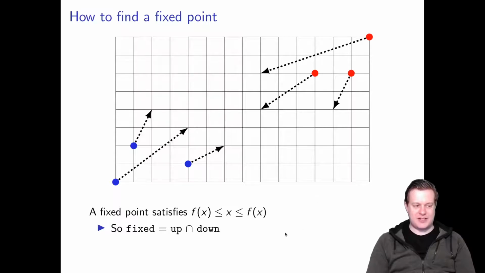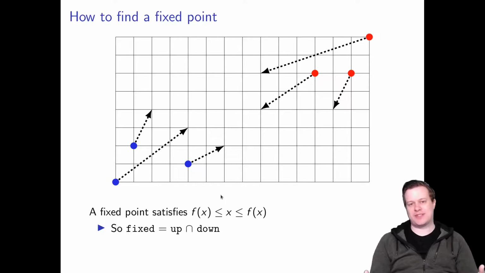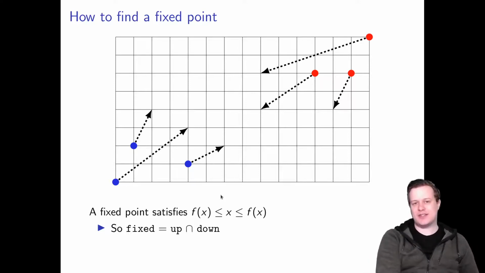And a fixed point is a point such that x is equal to f of x, and that means, if we just look at the definitions, these are weak inequalities. That means every fixed point is in both the up and the downset. In fact, the intersection of the up and the downset is exactly the set of fixed points.